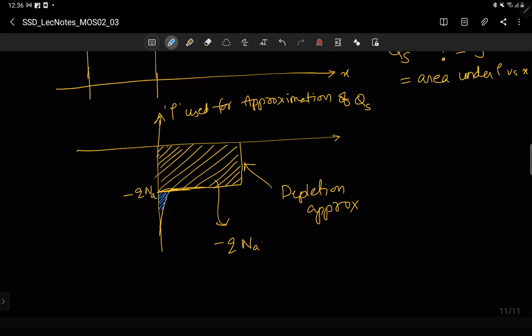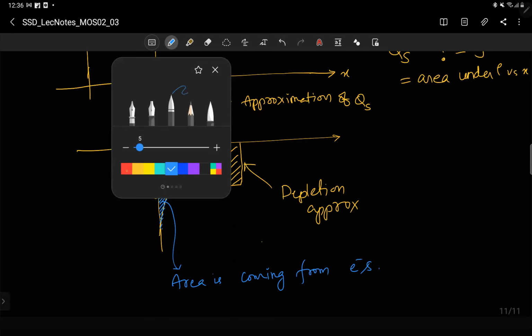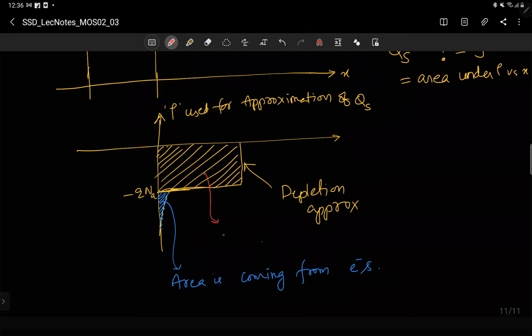So that is this area, which is coming from electrons.